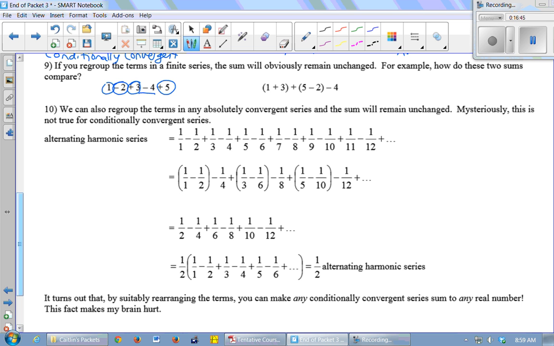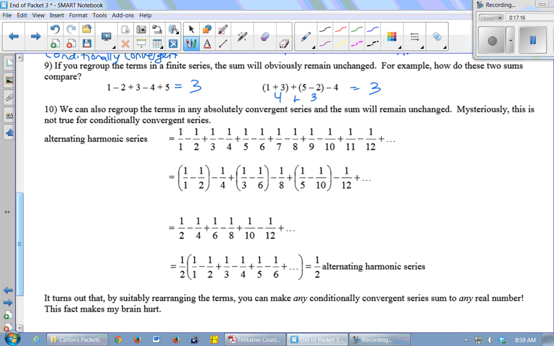If I just do it left to right, I get 1 minus 2 is -1, plus 3 is 2, minus 4 is -2, plus 5 is 3. If I do it this way, 1 plus 3 is 4, plus 3 is 7, minus 4 is 3. Answer's the same, right? So this is just the associative property of addition.